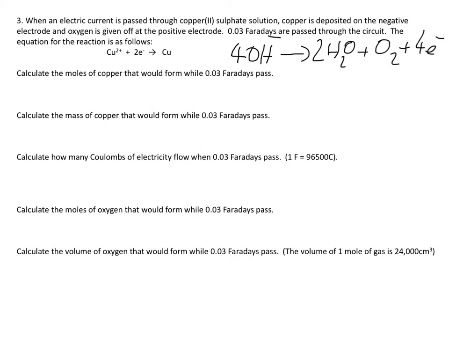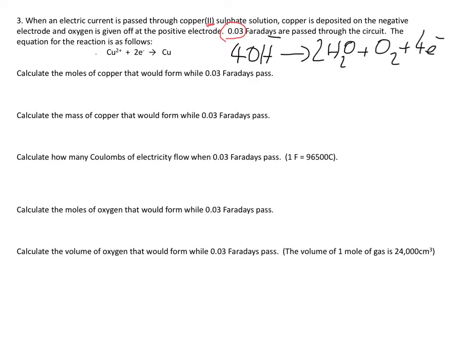We have some information here. We know that 0.03 Faradays are passed through, and helpfully it tells us it's copper 2. Okay, and we've been given an equation there. So calculate the moles of copper that would form when 0.03 Faradays pass through.